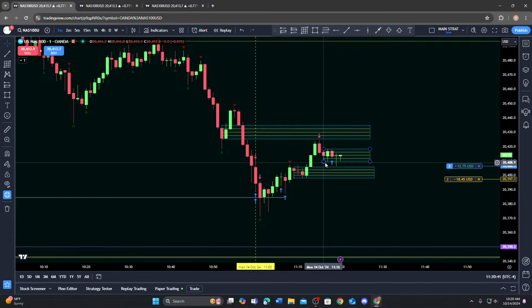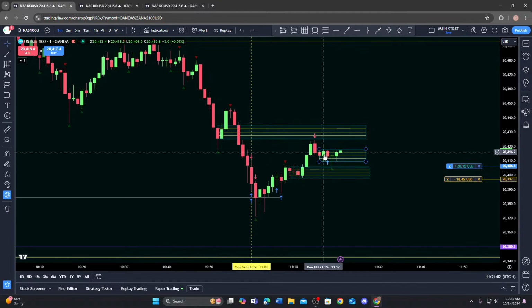The reason is because if we move up and we have red candles, and then a green candle, which creates an order block, and then we have price trading below that green candle, and we come back into it and trade down, it's just changing the delivery of order flow.